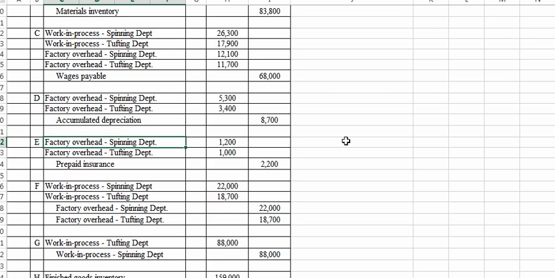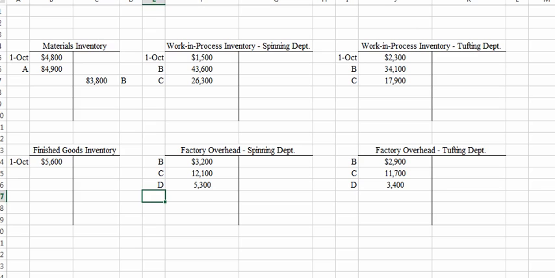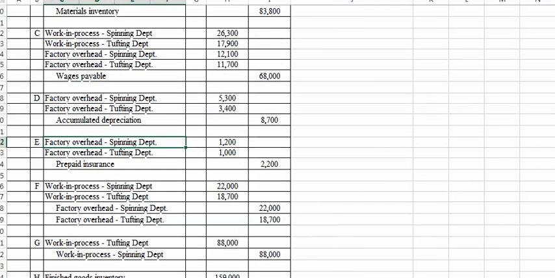But we have a debit to factory overhead for the spinning department for $1,200 on E. We're also going to debit factory overhead tufting for $1,000.